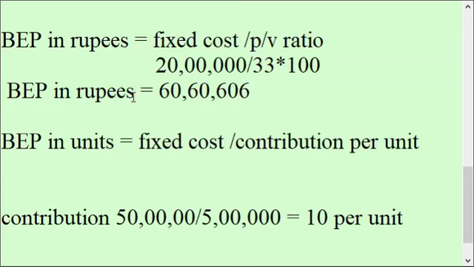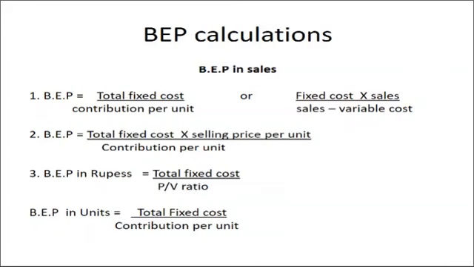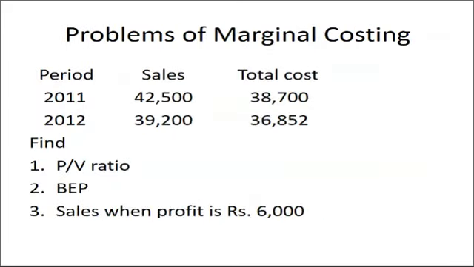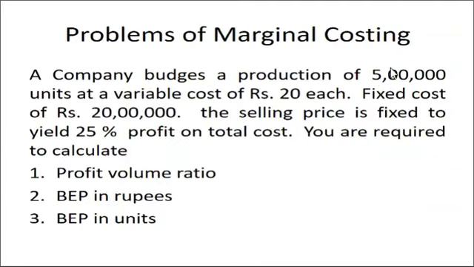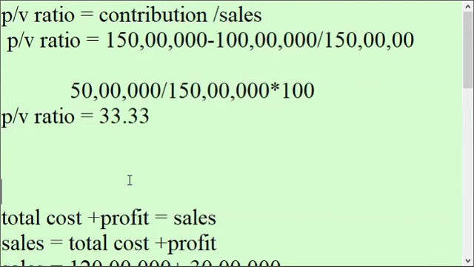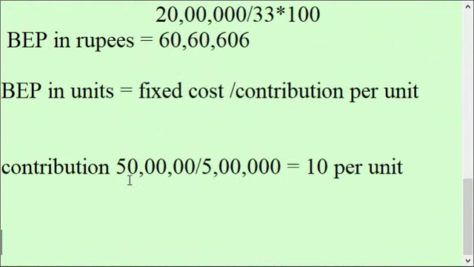See here, if you want, I will show you. First, see here, contribution is equal to sales minus variable cost. So 150 lakh is the sales, variable cost is 100 lakh, that comes to 50 lakh. So that 50 lakh divided by the number of units they are producing. After that, see here they are showing 5 lakh is the product. So that's why we do contribution per unit. Total contribution 50 lakh, but how much is 1 unit?